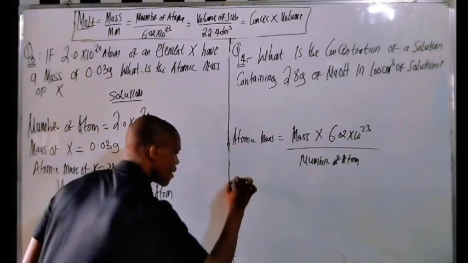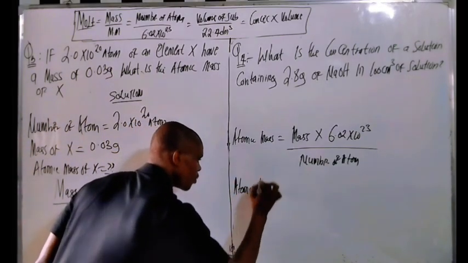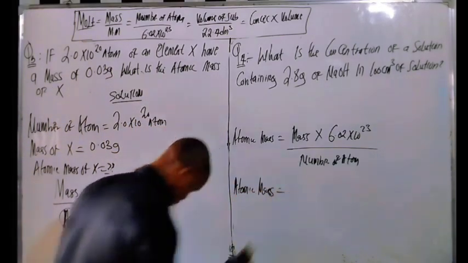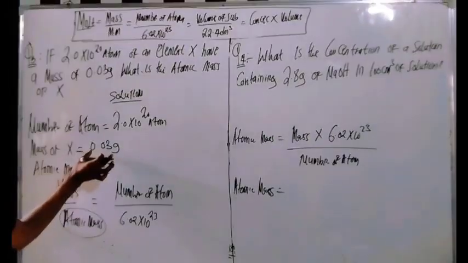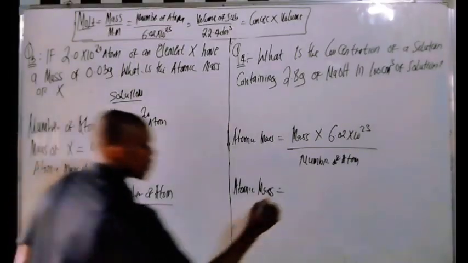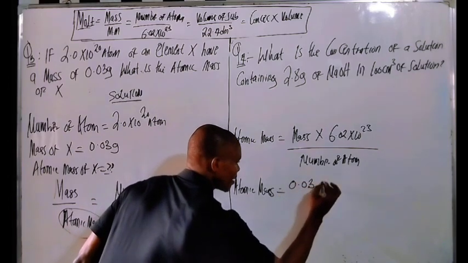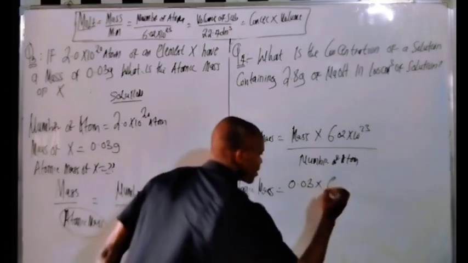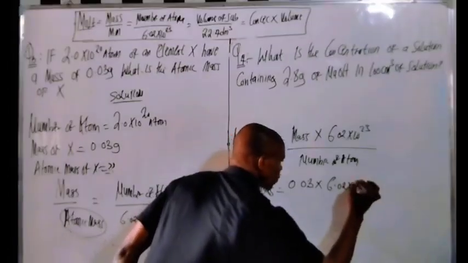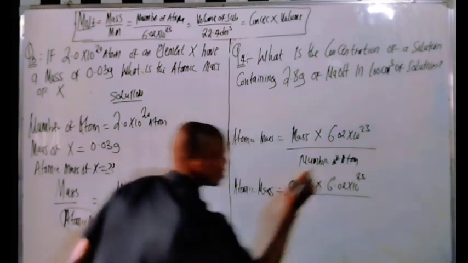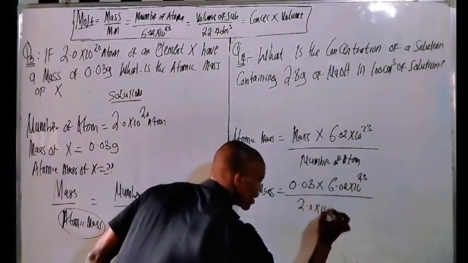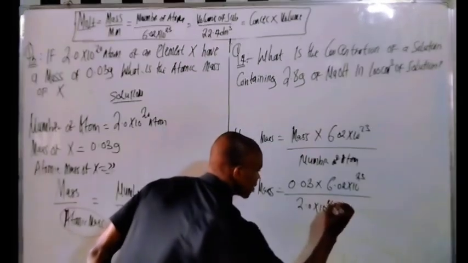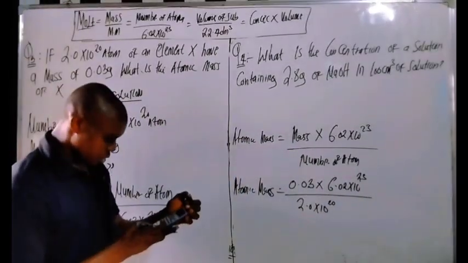Atomic mass equals the mass that was given, which is 0.03 gram, times 6.02 × 10^23 over the number of atoms, which is 2.0 × 10^20.